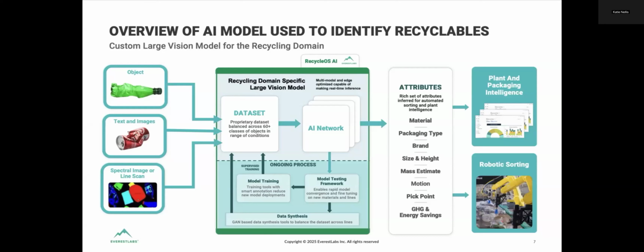It'll identify optimal pick points for you. It can even go as far as calculating for you what the value is in terms of energy savings and in terms of greenhouse gas savings if you happen to pick that material. So you can use that information to prioritize what you do. So that's the basics of the model.